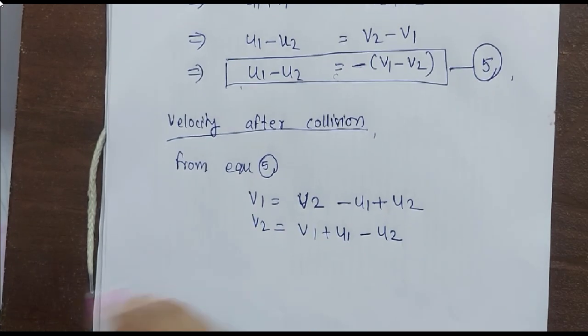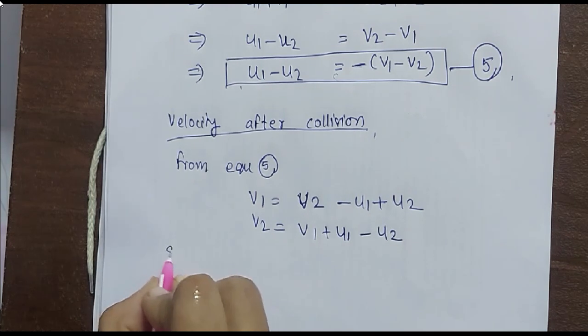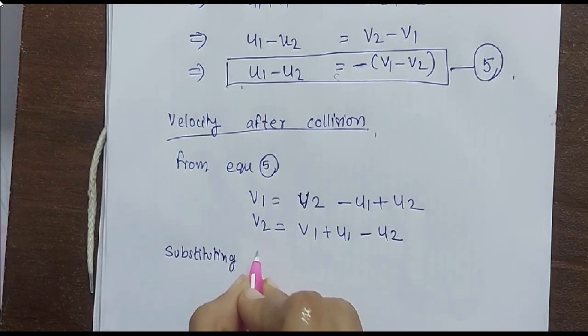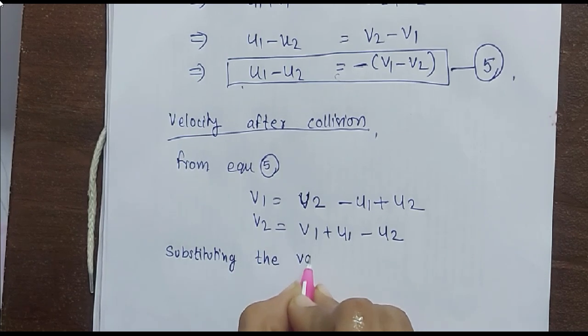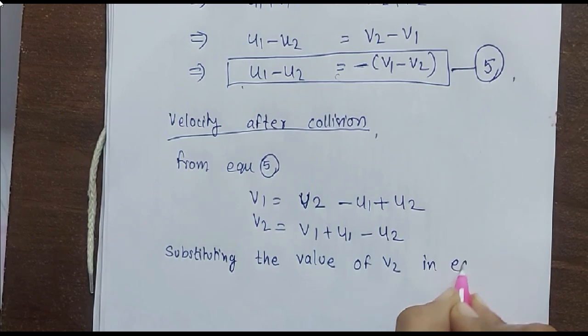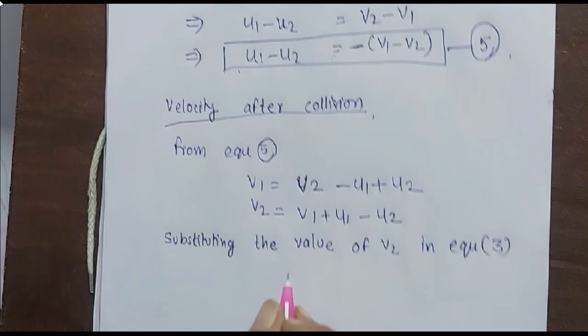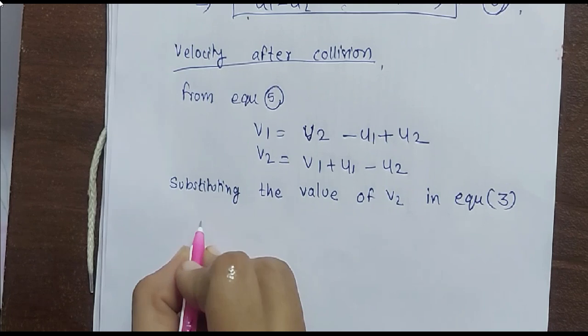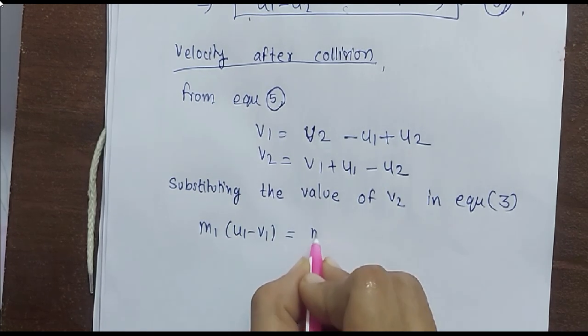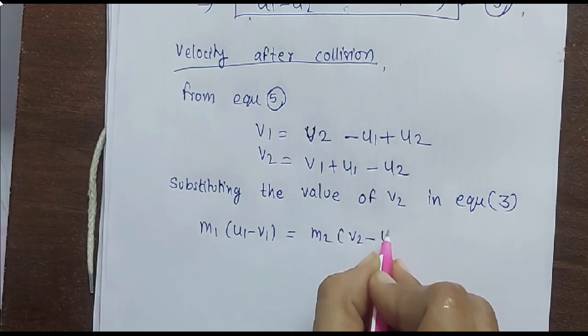Substituting the value of v2 in equation 3, this is our equation 3: m1 times u1 minus v1 is equal to m2 times v2 minus u2.